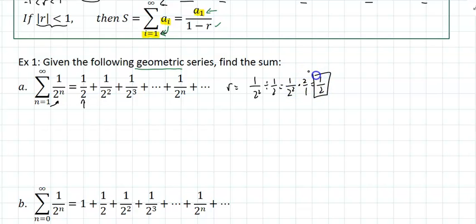Or you simply glance at it and say, okay, what do I multiply this with to get that? Well, the top is the same. The top is fixed. It's the denominator that's being multiplied by 2. Well, if I multiply this by 1 over 2, would I get that? And that does work.